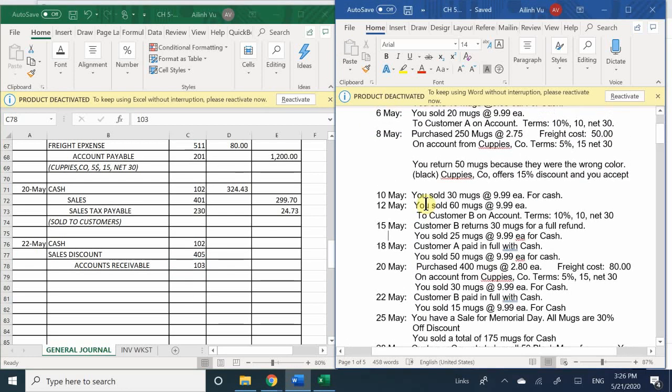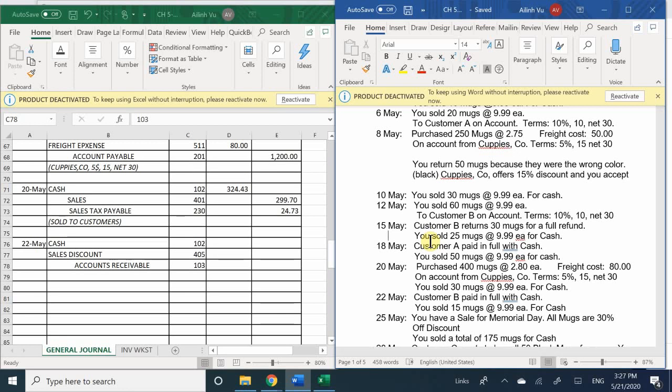What did he do on the 12th? We sold him 60 mugs at $9.99, customer B on account, terms 10 net. And then customer B returned 30 mugs for a full refund.